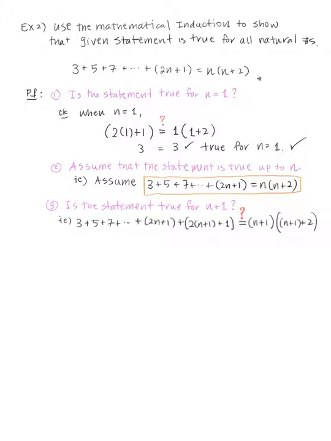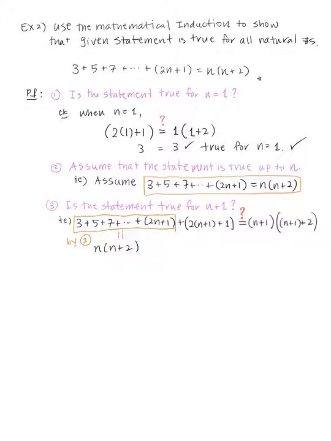Alright, let's look at the circle too. We're assuming that this whole quantity right here, all the way up to 2n plus 1, equals n times n plus 2. That's our assumption. So we know that this is going to equal n times n plus 2 by our assumption.